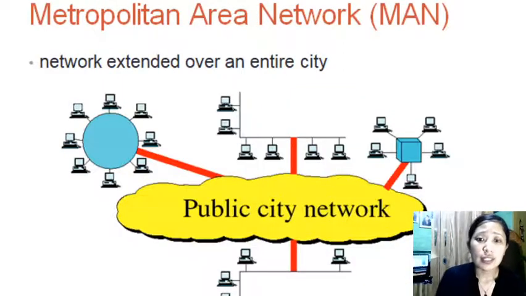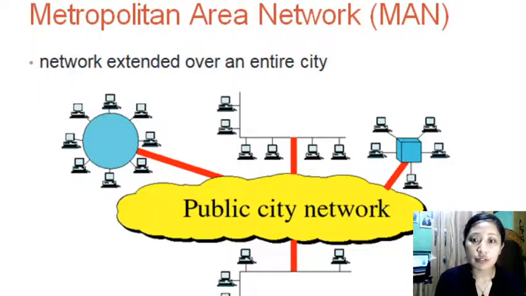Now the second one is metropolitan area network, which is a bit bigger network in comparison to local area network. So it is going to mainly cover one entire city. For example, you have the cable network, the TV cable, that covers one entire city.